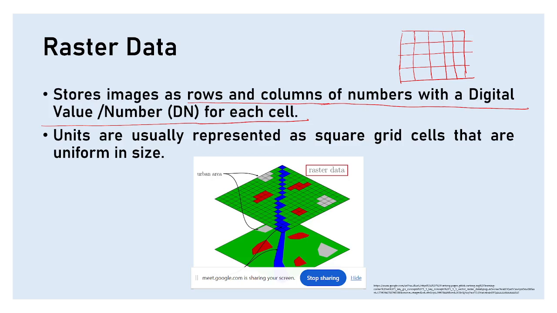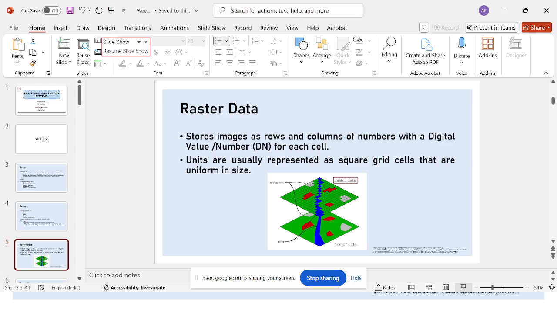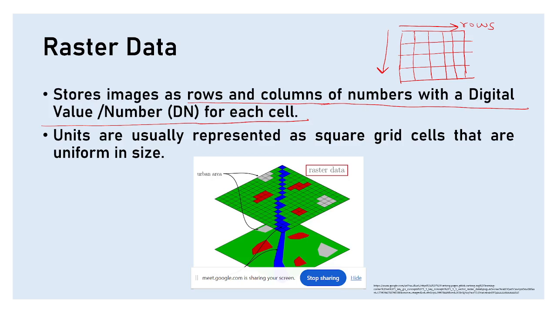So the image will be stored in the form of rows, these are rows, and these are columns. So in the form of rows and columns, it's kind of analogous to a matrix.